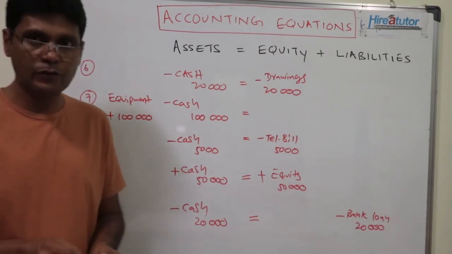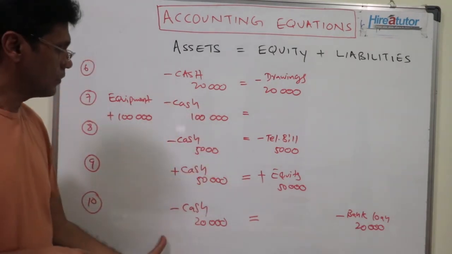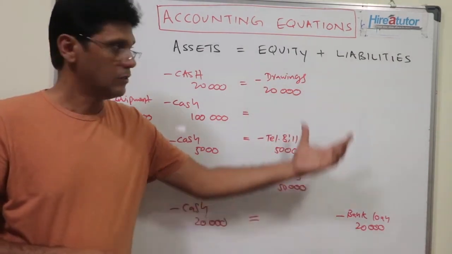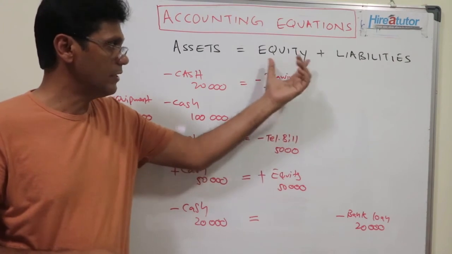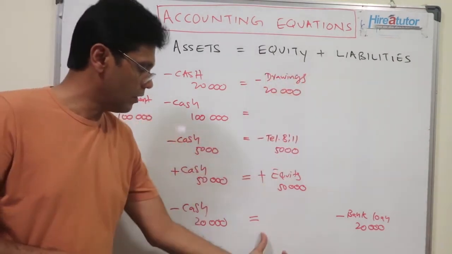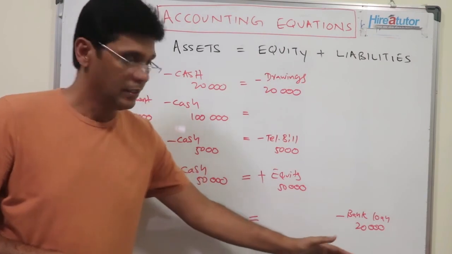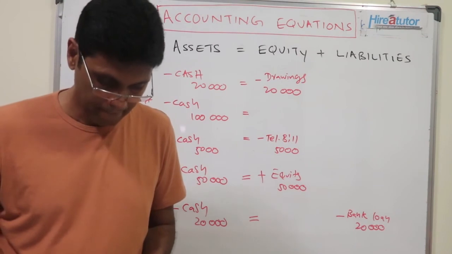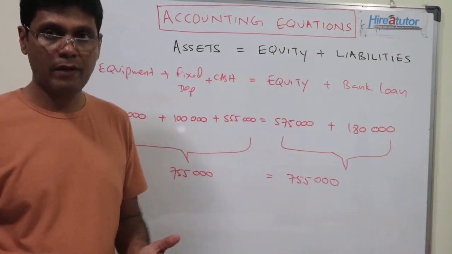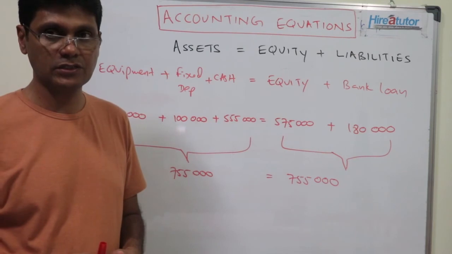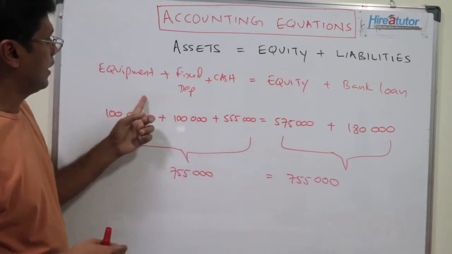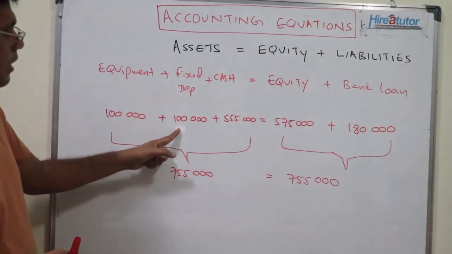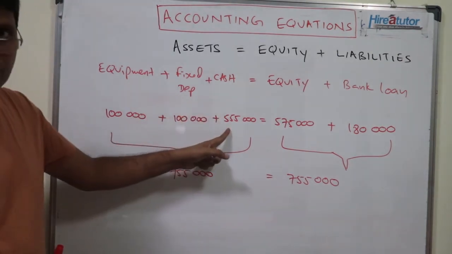Now finally what you have to do is you just take the total of asset sides and total of the liability side. So in fact the liability side consists of equity and the liability. You take the total of equity, total of liability, it should tally. Finally, when you take the closing balances, having recorded all these transactions, it will be as follows. The equipment balance will be 100,000, fixed deposit 100,000, cash 555,000.